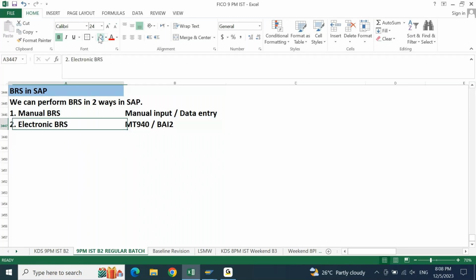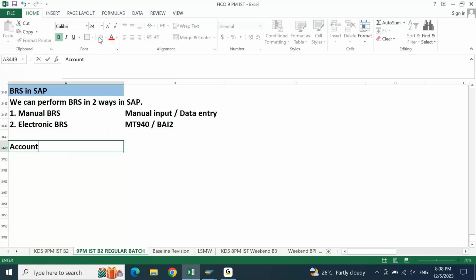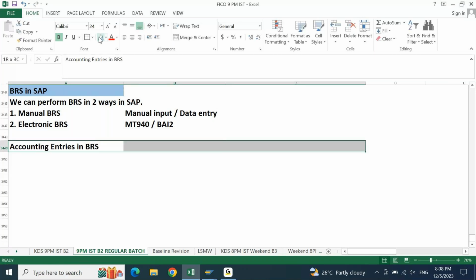After understanding that there are two ways of bank reconciliation statement, next point is to understand accounting entries. I will write accounting entries in BRS. When we say accounting entries in BRS, this is very important.